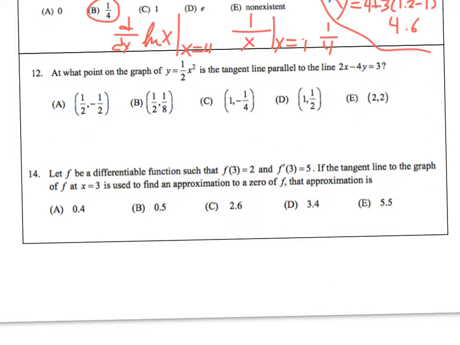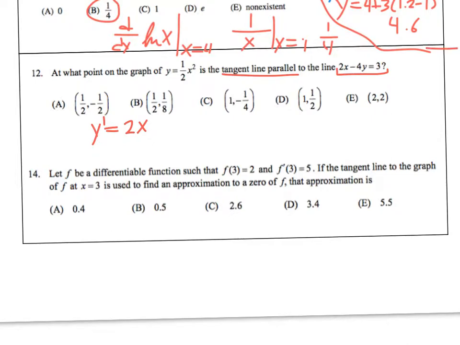All right, at what point on the graph of y equals 1/2 x squared is the tangent line, so I know I need a derivative. y prime is equal to 2x. And parallel to the line 2x minus 4y equals 3. Let's put this in slope-intercept form so we can see the slope more easily.